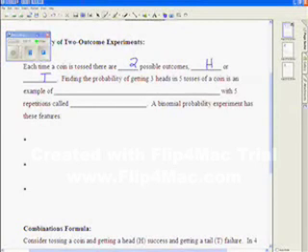Finding the probability of getting 3 heads in 5 tosses is an example of a binomial experiment with 5 repetitions called trials.